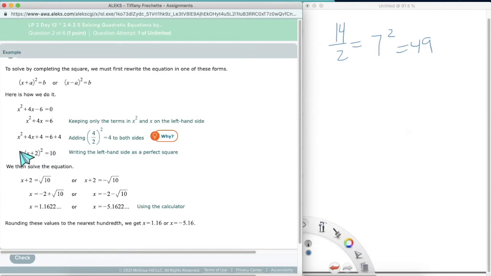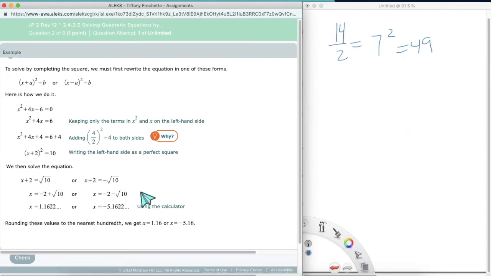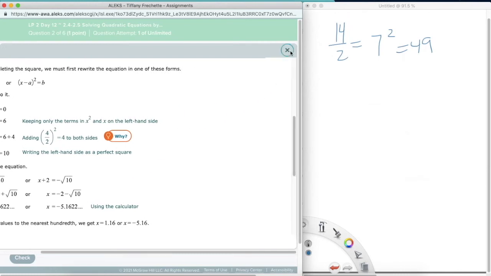It makes it very quick to put it into this format if we do this correctly. We're still going to take half of the middle term and add it, but we add it to both sides. So I'm going to exit out of this really quick. And once we get down here, we're going to actually solve this by taking the square root of both sides.